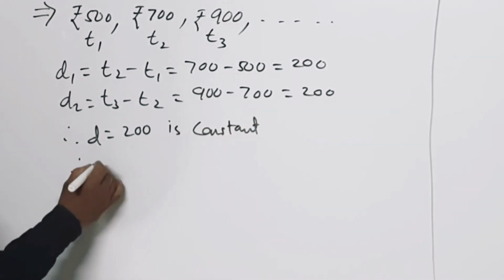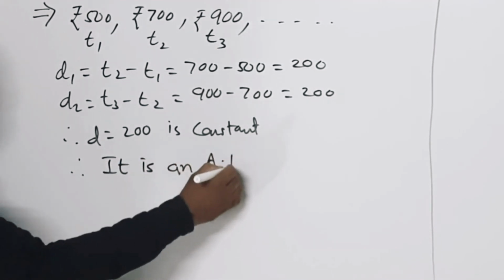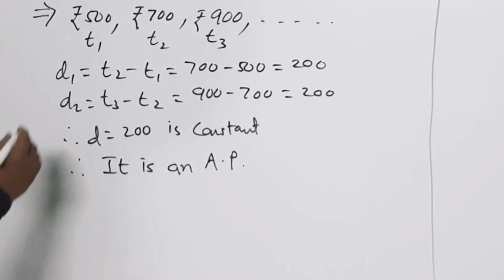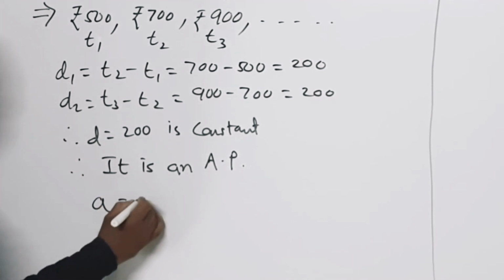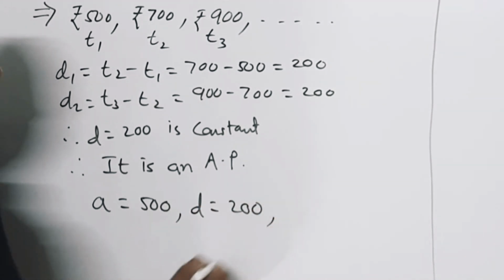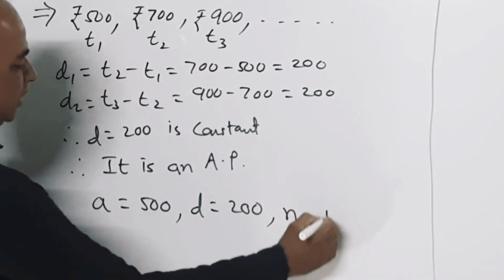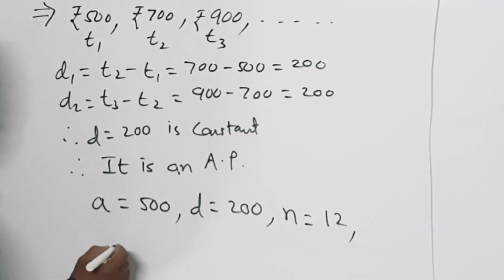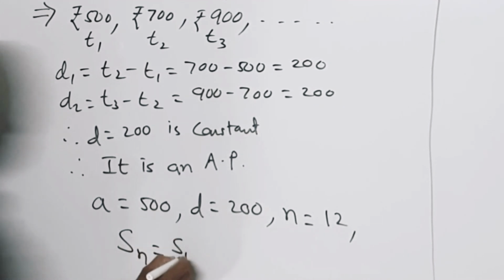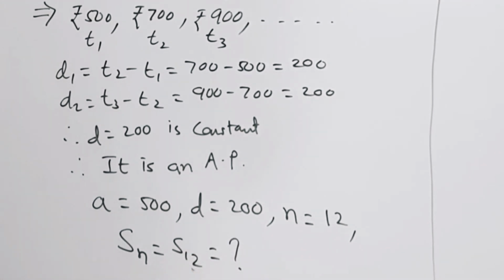Therefore the given sequence is an arithmetic progression. Therefore first term A is equal to 500, that is T1. D is equal to 200. The number of years n is given as 12. We have to find Sn, that is total investment in 12 years. S12 we have to find.